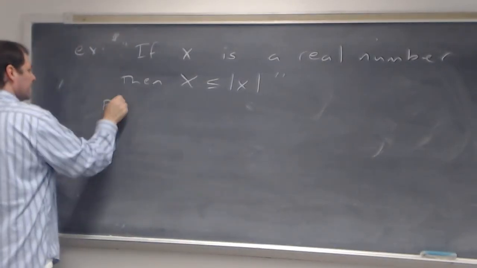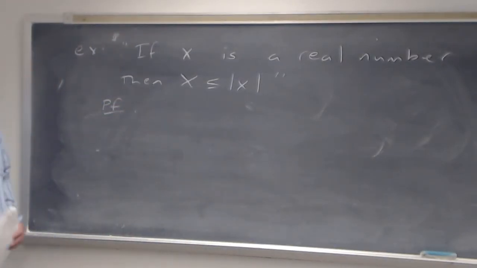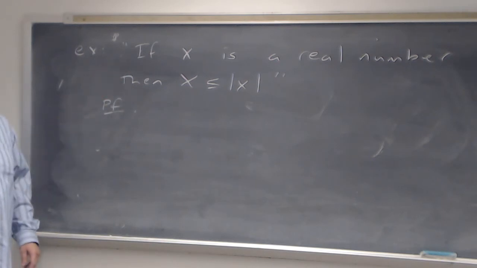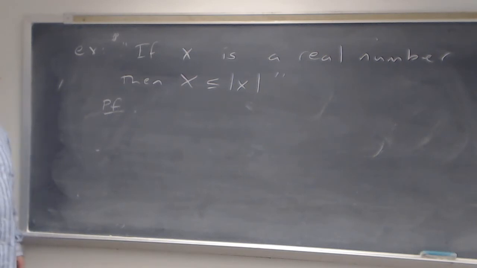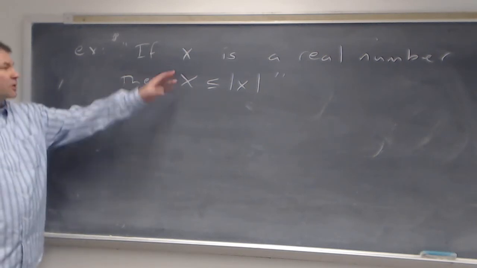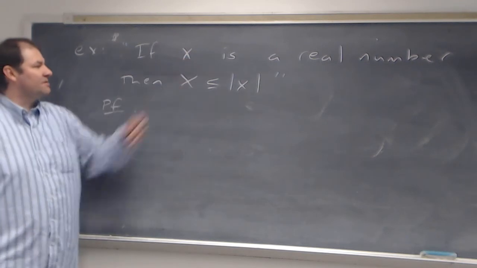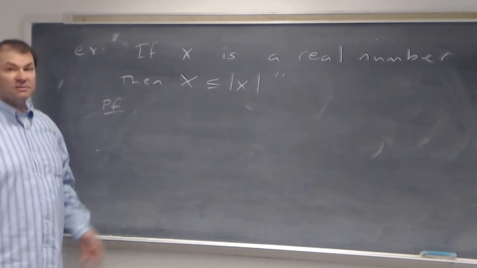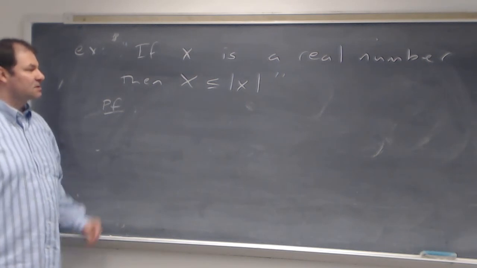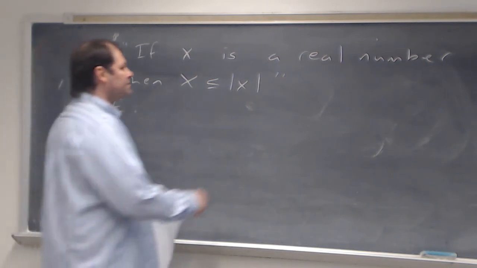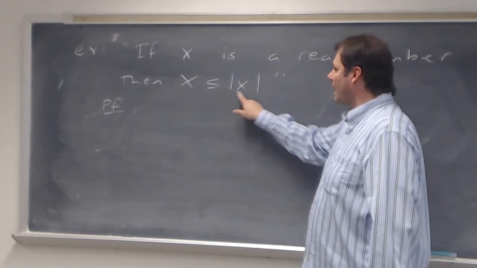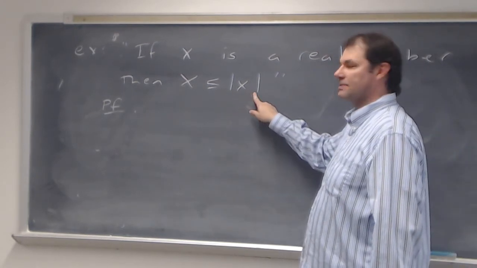Here, it may not initially look like this is a situation that matches my generic statement, if P or Q, then R, because it doesn't look like we have two situations here. But we can break down x being a real number into various cases. And I think we could be prompted to look at this statement as something we can prove by cases by recalling what it means to be the absolute value of x.